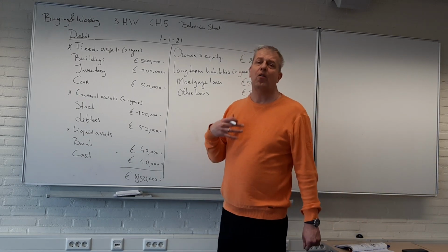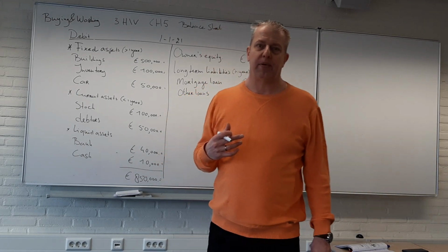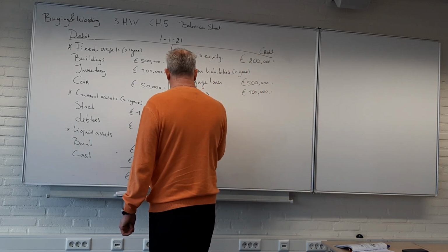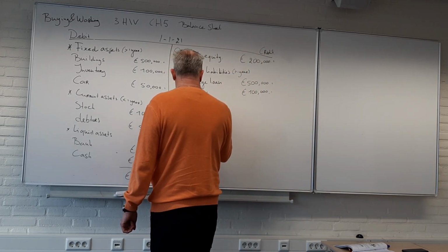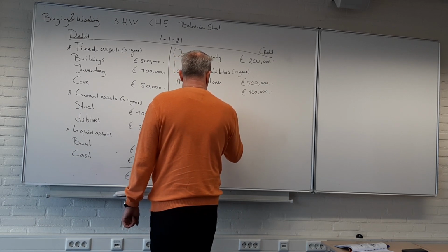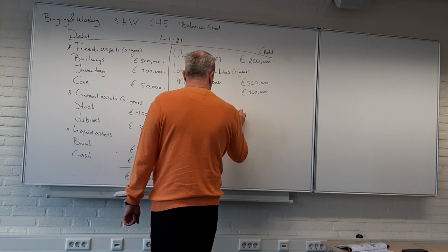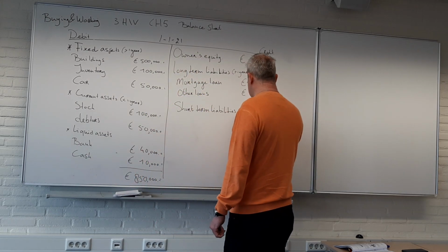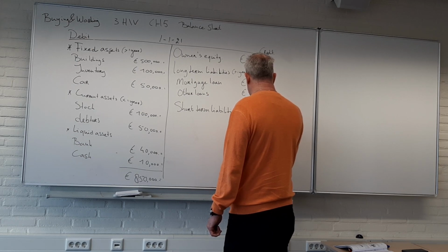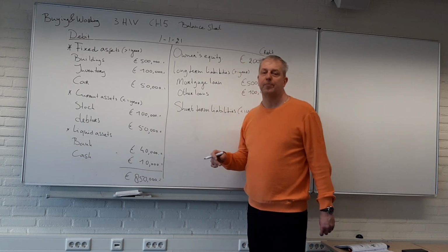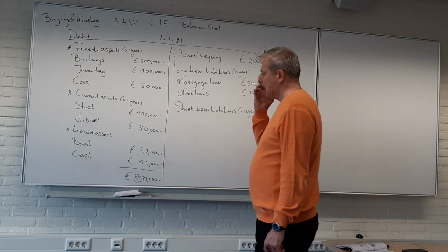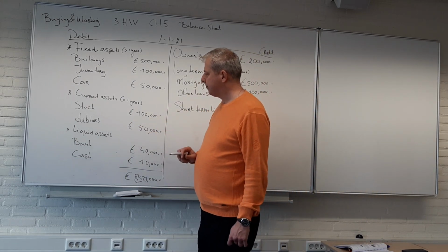Okay, so if I get long-term liabilities, I can also have so-called short-term liabilities. And these I have to pay back within the year. I told you about the debtors.